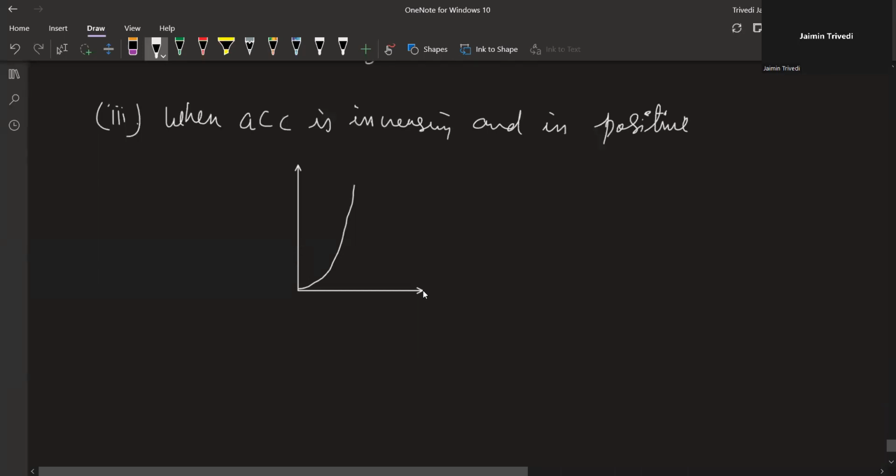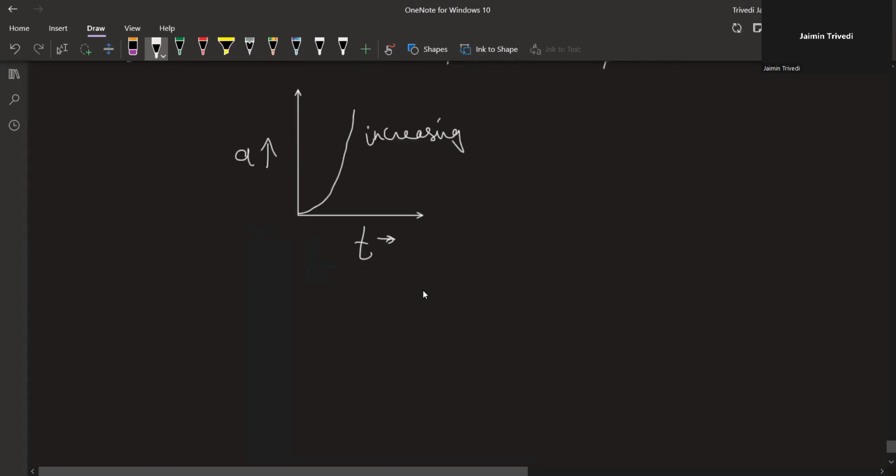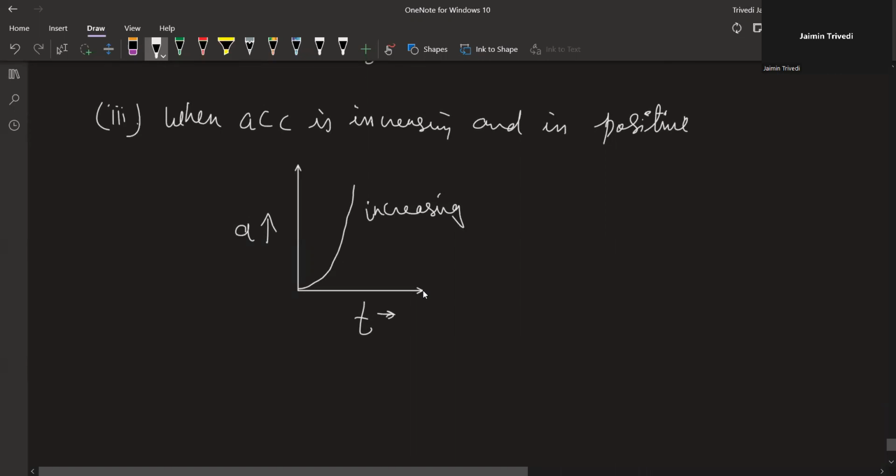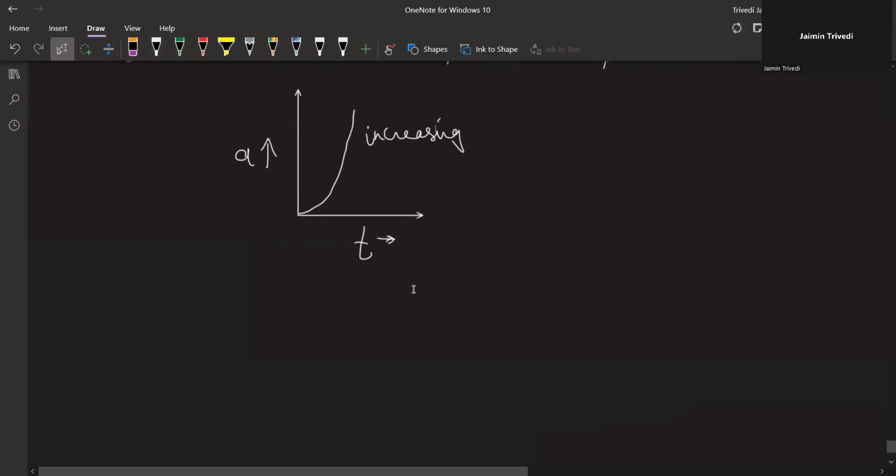And if I ask you for decreasing, it is the reverse of this one. Time axis. Draw for decreasing in the negative direction. It will be a mirror image of it. Yes, mirror image.